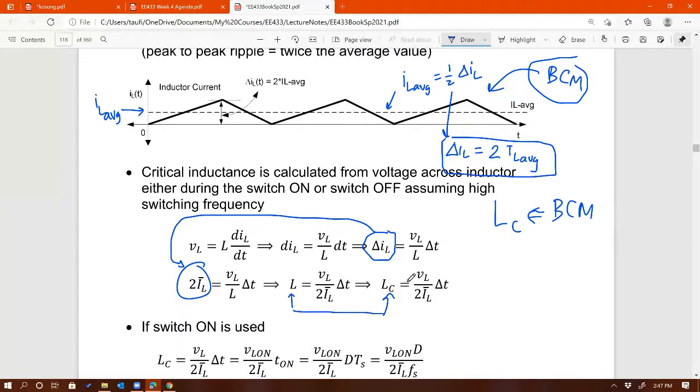So our critical inductance, as I said earlier, we can actually calculate: LC is equal to VL over 2 times IL average times delta T.